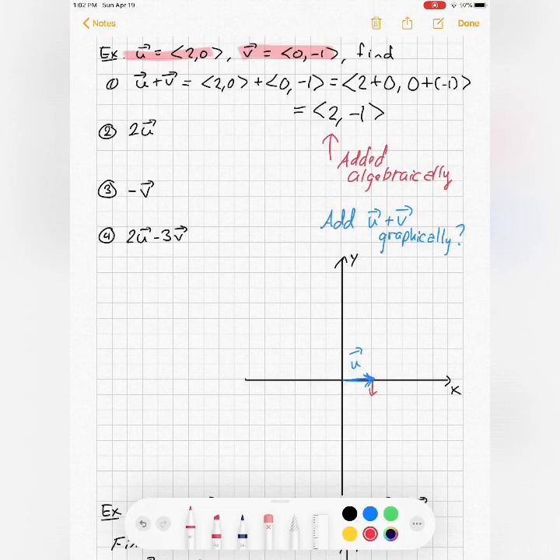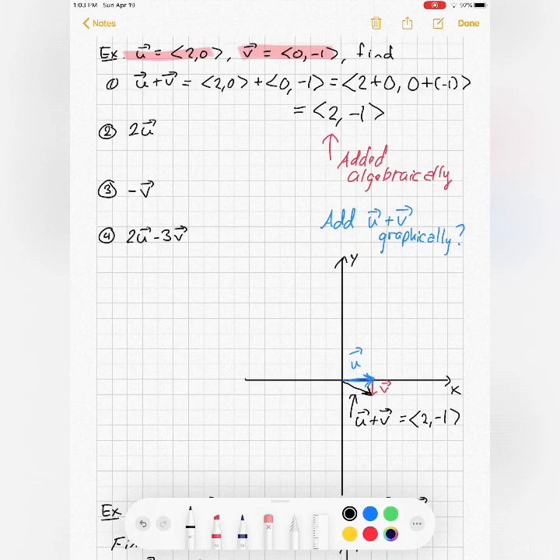V says go down 1. Now it turns out that if I connect the initial point with the terminal point here, I get the vector sum, u plus v. I can see there that vector is indeed <2, -1>, which is what I got algebraically as well.